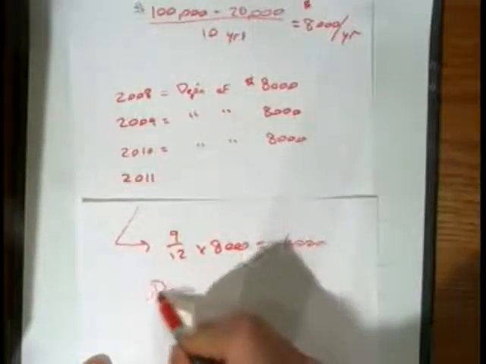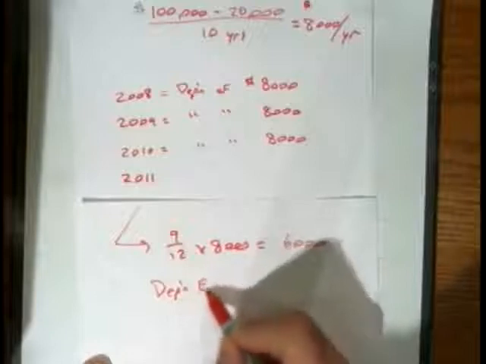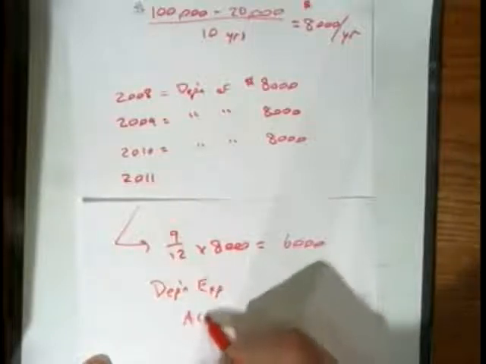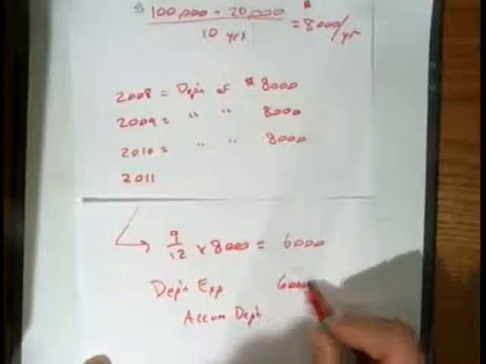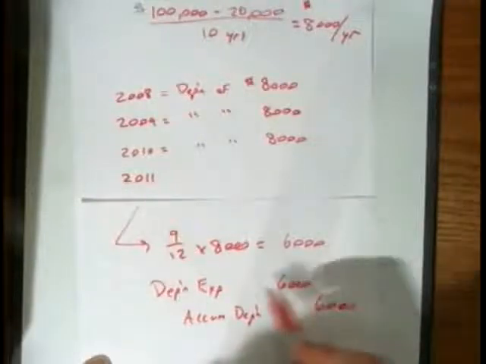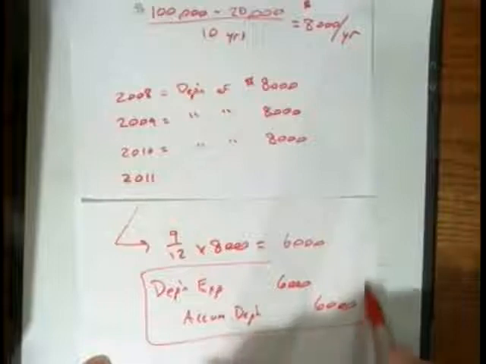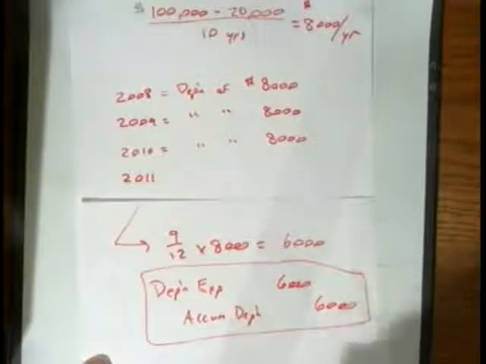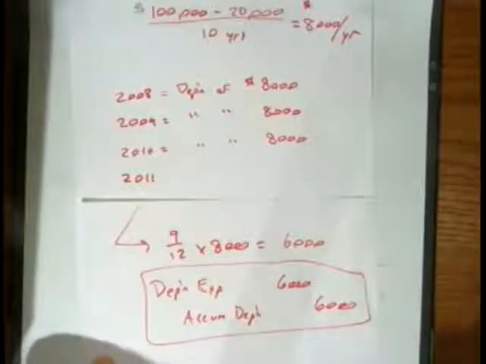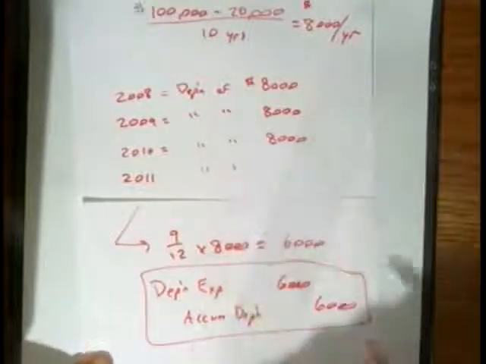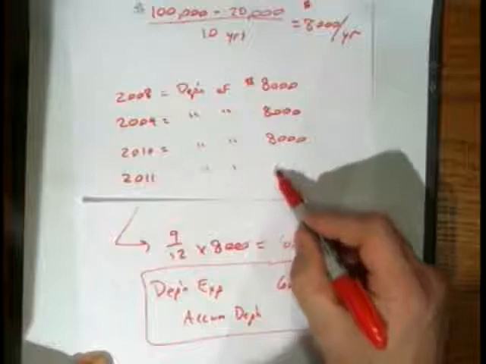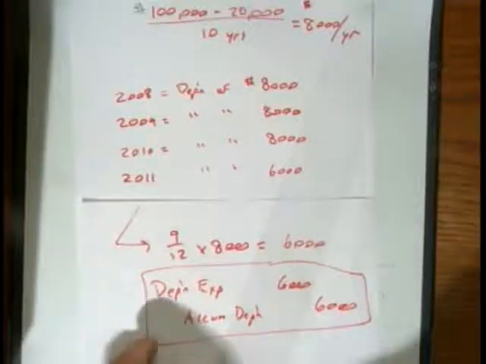And we're going to go ahead and book that entry. We're going to make that journal entry in our books. So there's our journal entry that we would book. Okay? Correct? And so for 2011, we would have depreciation after we make this journal entry of $6,000. Correct?